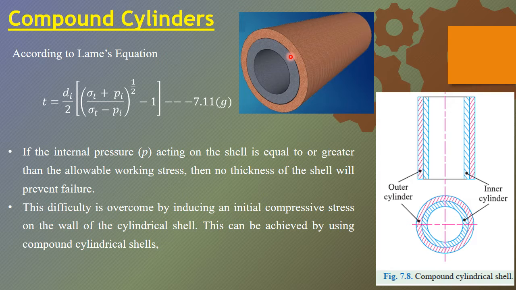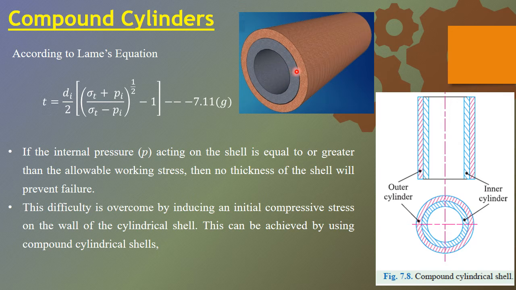This type of compound cylinder is highly useful in resisting higher internal pressures than a single cylinder with the same overall dimensions. Since additional compressive stresses are pre-induced in the inner cylinder, you can have a higher internal pressure in the cylinder: the higher pressure first relieves the compressive stresses present, and then it acts on the outer cylinder.